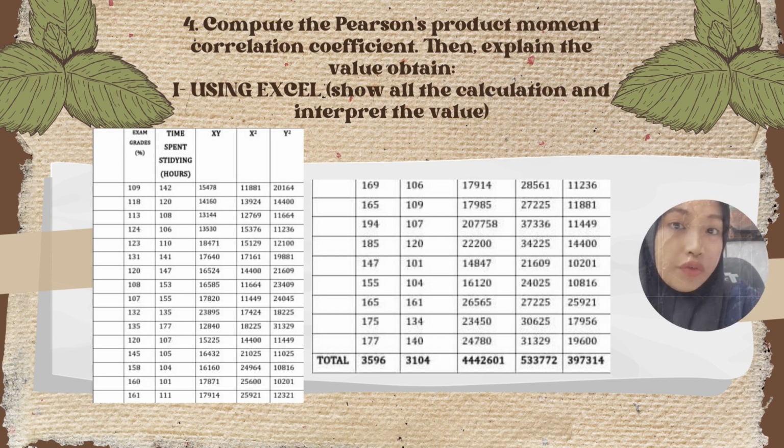The answer of each column is based on X times Y, that is, each row in column 1 is multiplied by each row in column 2, while columns 3 and 4 are based on the numbers X and Y to the power of 2 in each row of columns 1 and 2. Overall, I have interpreted the values by calculating the sum of each column.